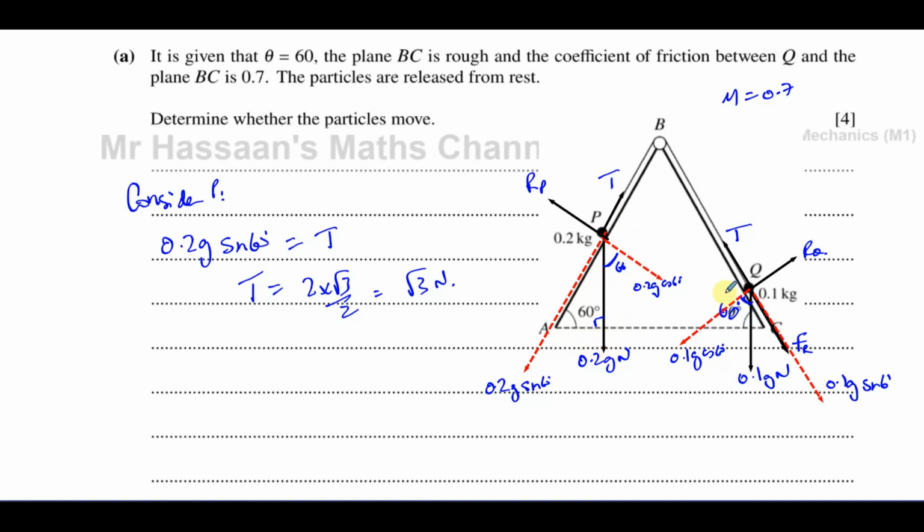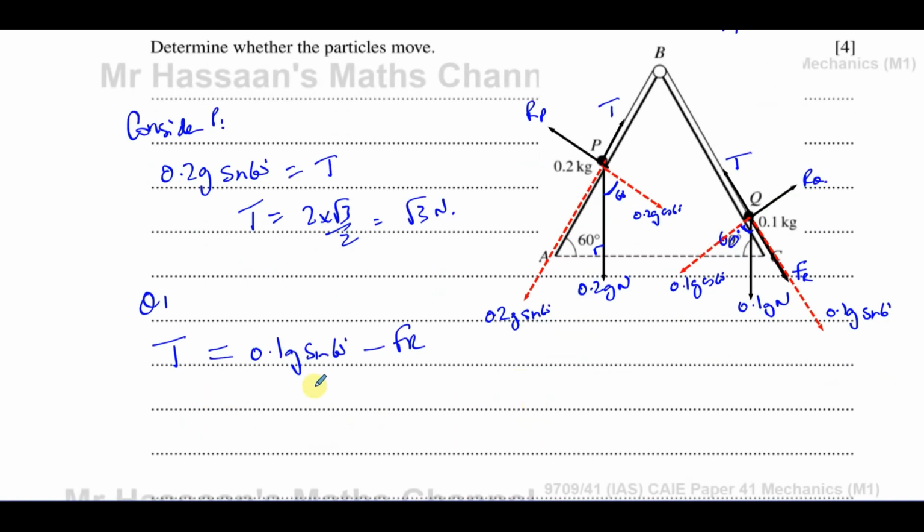And for Q, if we consider Q, we'll have T minus 0.1 G sine 60 again, minus FR, which is equal to zero. Let's see what the frictional force is going to be.